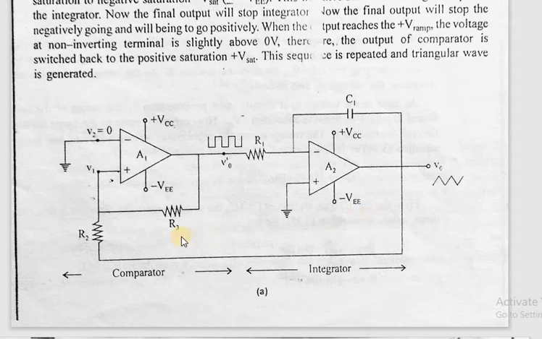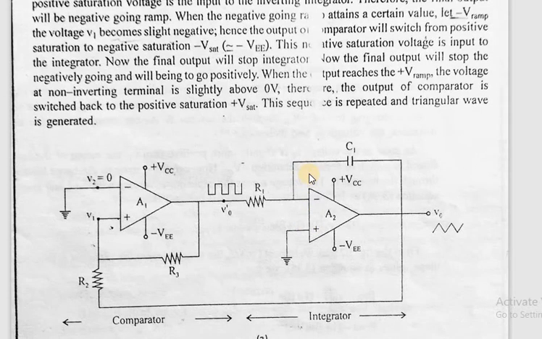So when we feed the output of the comparator to the input of the integrator, the output of the integrator gives us a triangular wave. So this basic comparator plus integrator circuit, combined, is called a triangular wave generator. Here we'll be discussing this comparator plus integrator circuit in detail.